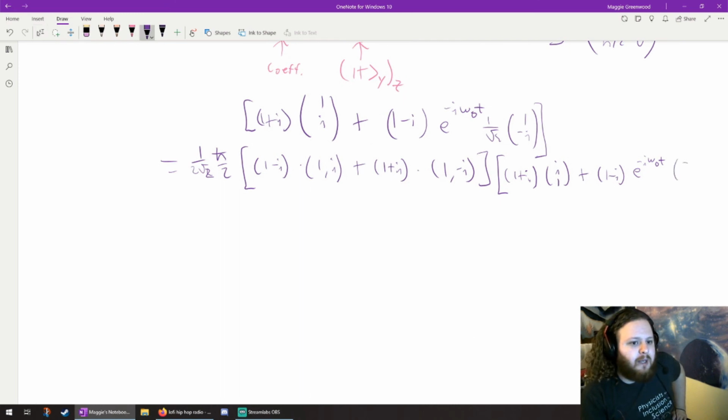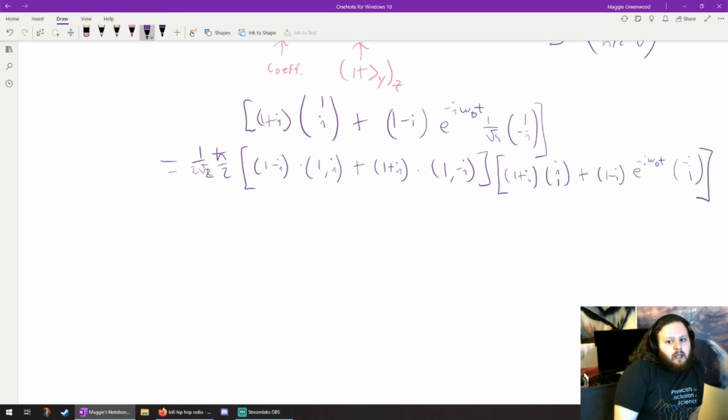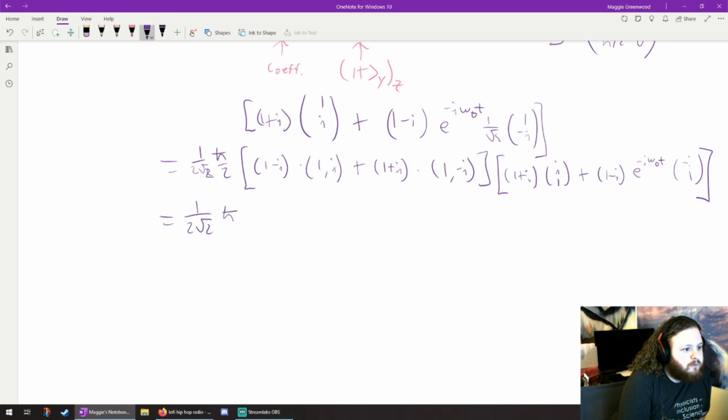And then negative i 1 is the vector. Okay. And now I need to just do the algebra. So I'm going to keep my 1 over 2 root 2 out in front, times h bar over 2. So I guess it's 1 over 4 root 2, but meh.